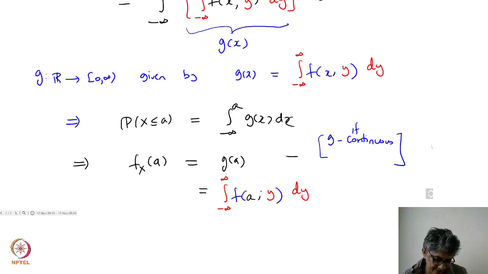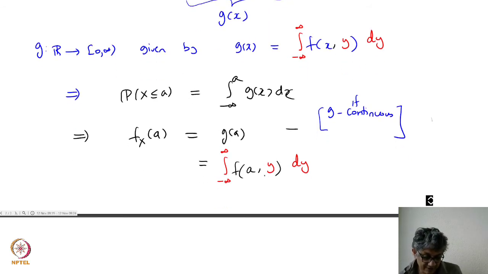So all I do is integrate out. Here the idea is that this is f at the point (a, y). So if I integrate out the joint density for a fixed value of a in the y variable, then I get the marginal density of X.